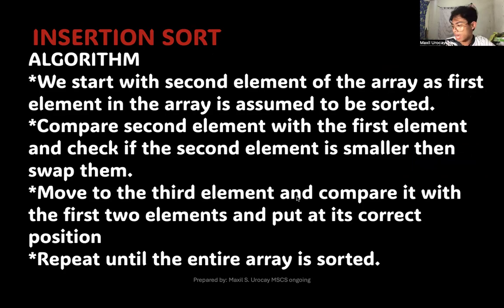We assume that the first number in our array is already sorted. That's why we begin with the first two numbers. Next, we compare the second element with the first element.